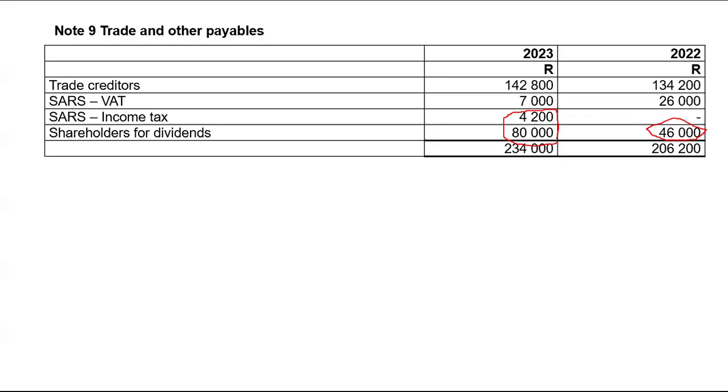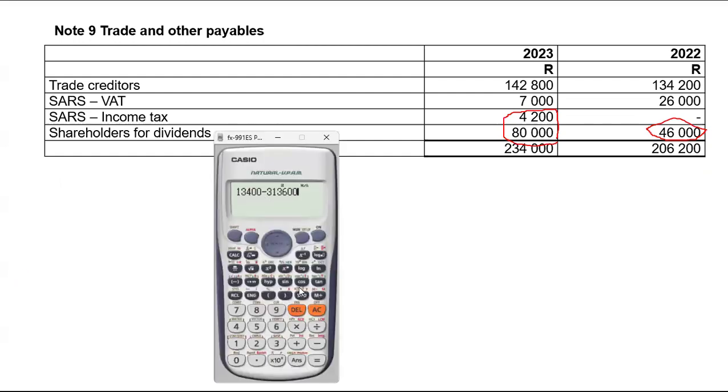So because it was in trade and other payables, it means that we will show it without brackets in the current year, as it will only be shown with brackets the following year. It means we owed it at the end of the year. If you know your provisional tax payments, please check my adjustments on provisional tax. It means that your provisional tax payments were less than your final income tax, and that's why you still owe SARS.